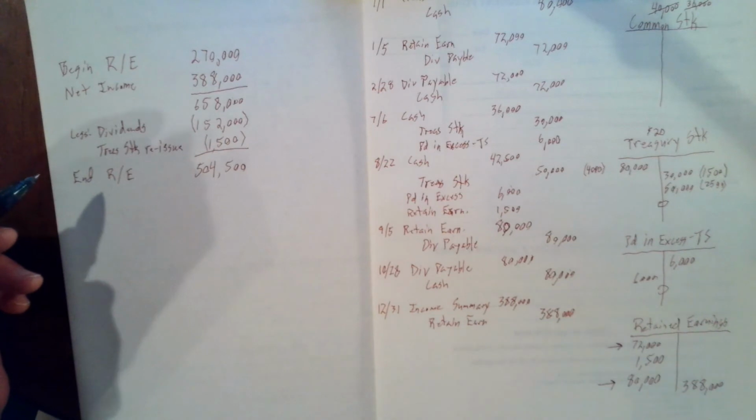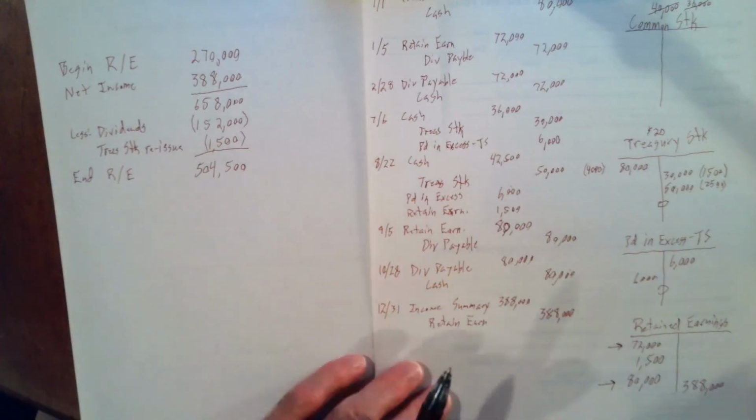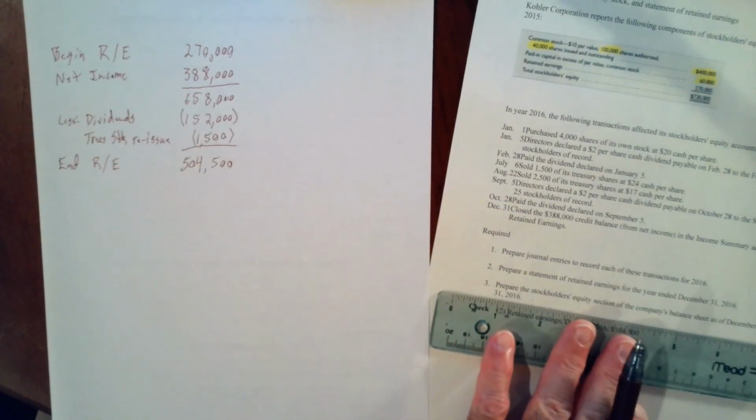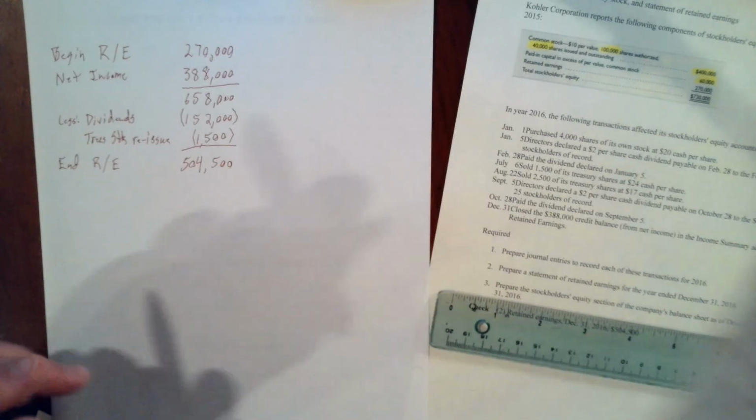Okay. Next part of this question, you have to do the stockholders' equity section of the company's balance sheet as of December 31st, 2016.